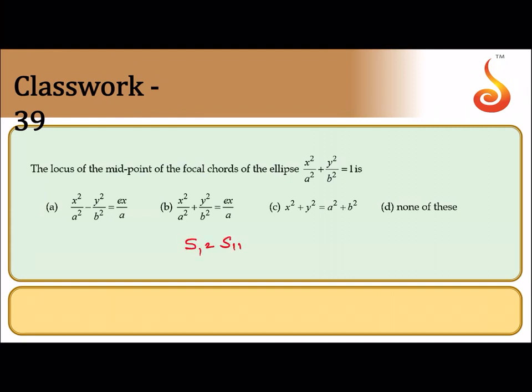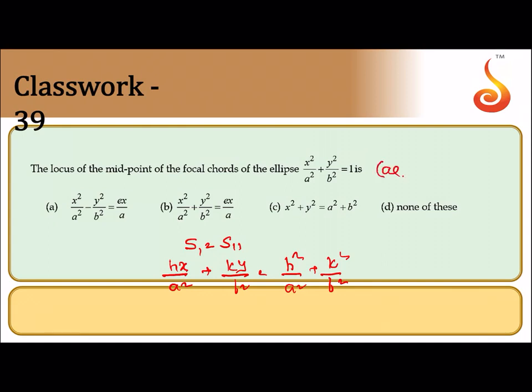39. The locus of midpoints of a focal chord of an ellipse. The formula is S1 is equal to S11. So the locus will be hx by a square plus ky by b square is equal to h square by a square plus k square by b square.